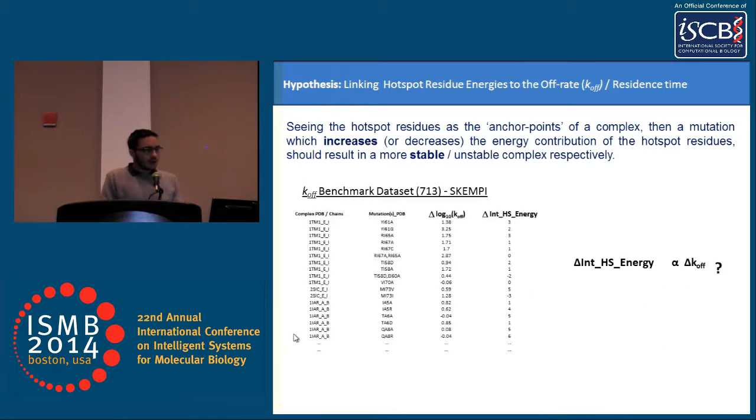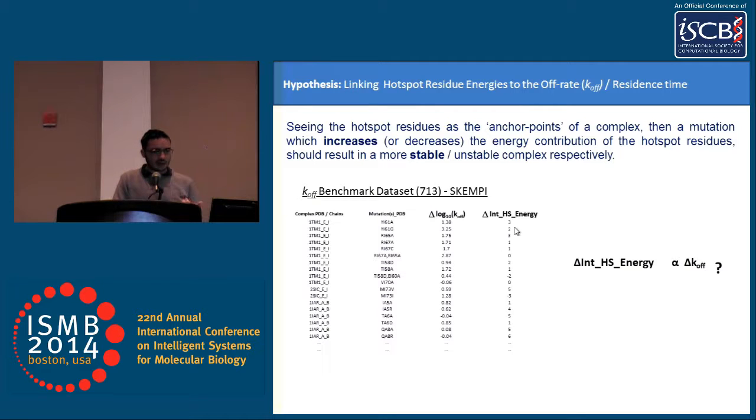To do so, we used the SKEMPI database. I will explain it in a couple of slides, but for now, you should know that we have a list of experimental delta K-offs. For each complex and mutation, we do the method that I showed you before, so we can calculate the delta hotspot energy.